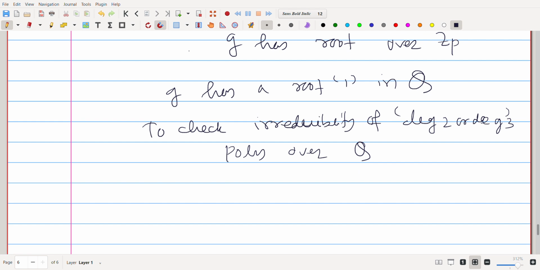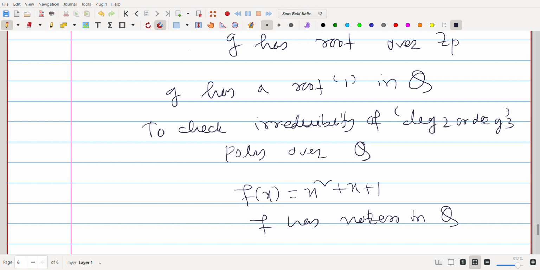So it is enough to check whether it has a zero or not. And f(x) equal to x square plus x plus 1, you can see that f has no zero in Q. Hence f(x) is irreducible in Q[x].